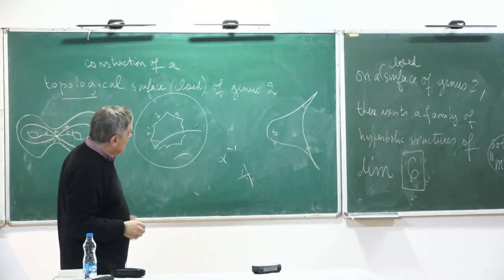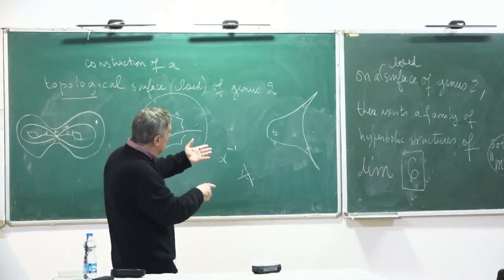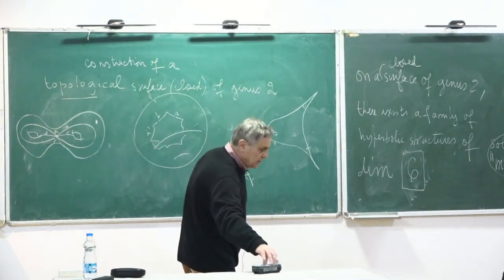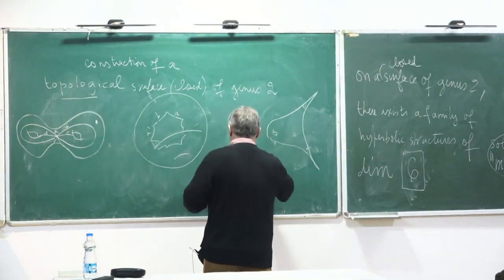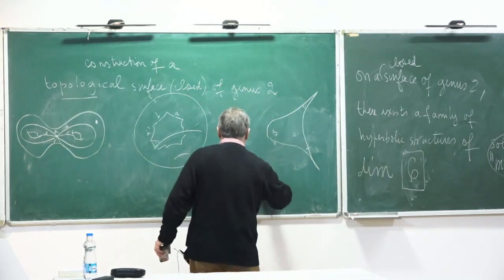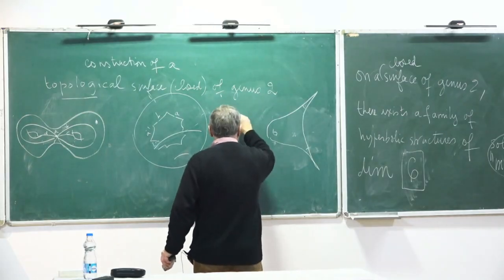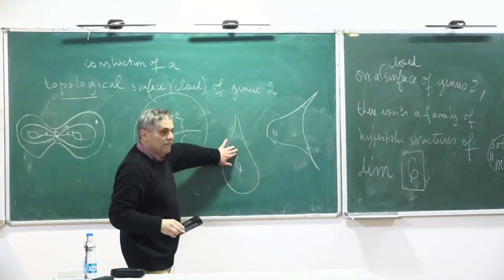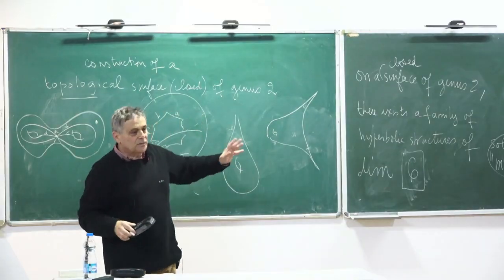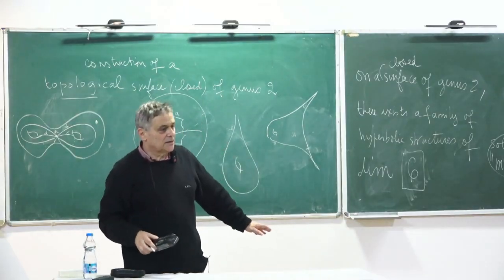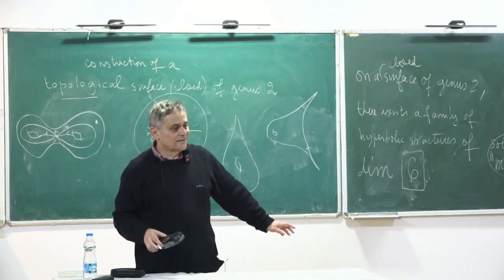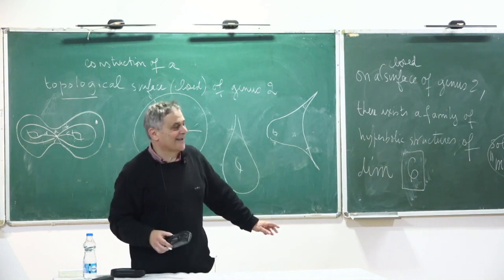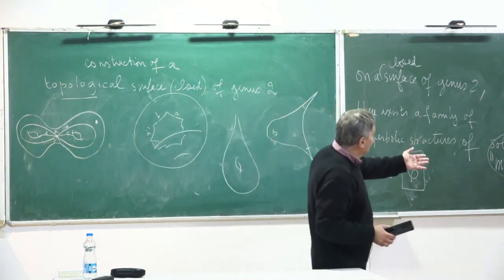Yes. And this formula works even for a torus with cusps. So what does the formula give for a torus with cusps? It should give 2. Is this correct? No? 6 minus 6?